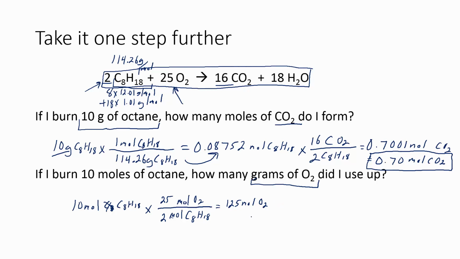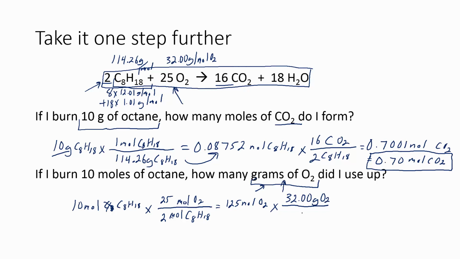That's how much I had to use up, but it's asking now for grams, but that's okay. I know how to get from moles to grams and grams to moles. Right? We learned that in the previous chapter. I just have to add up the molecular weight, which is 16 for each oxygen, so the whole weight would be 32.00 grams per mole of O2. So I could just say 32 grams on top, because I want grams of O2 at this point.